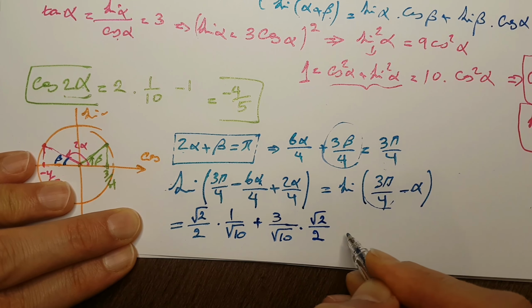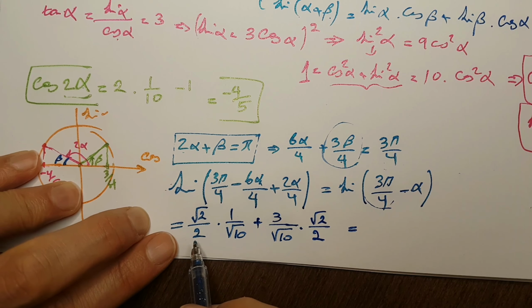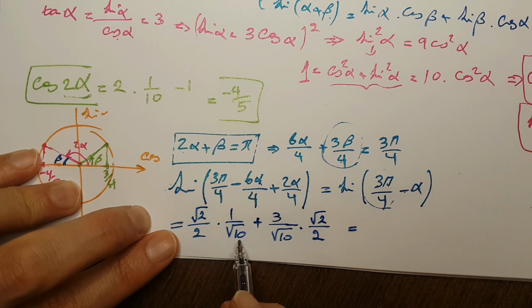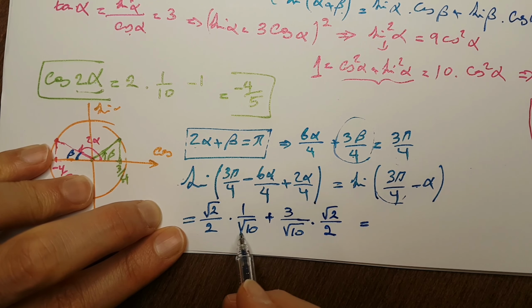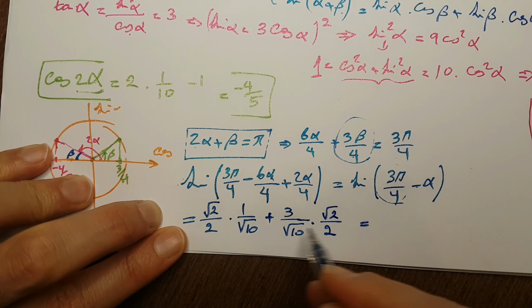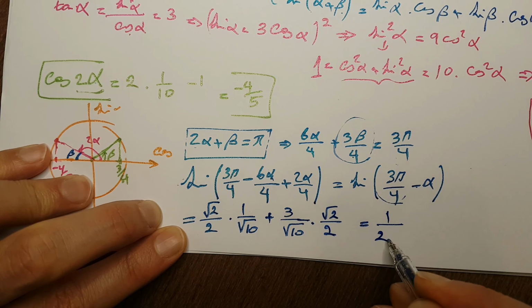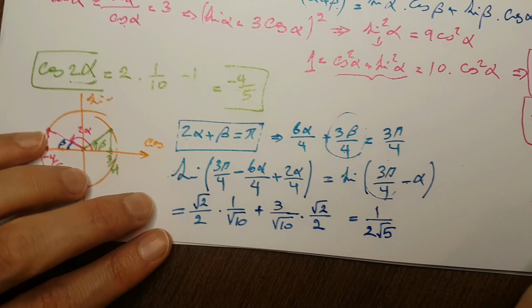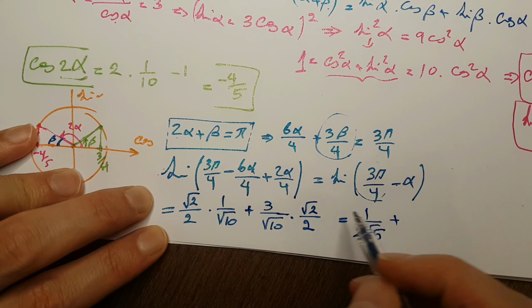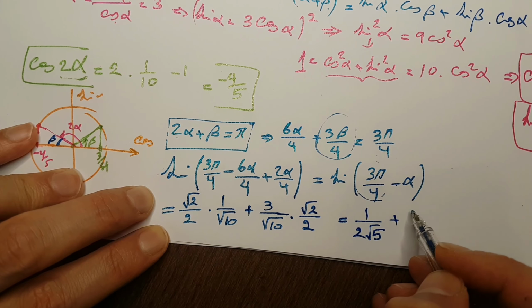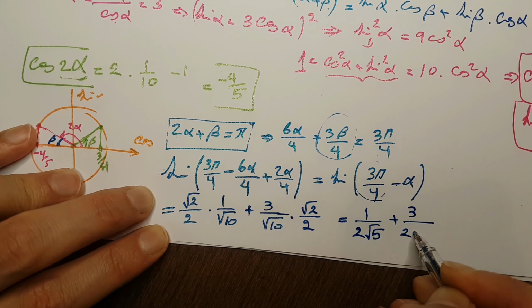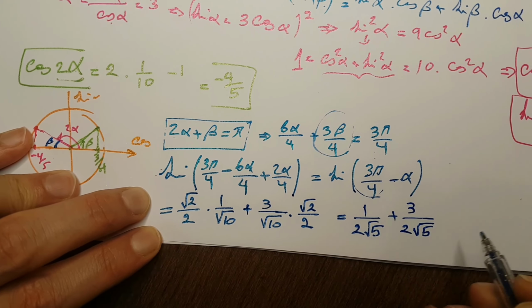So it's going to be a minus times a minus, which is positive, square root of 2 over 2. Square root of 10 has a square root of 2 in it. That can cancel out with this. So it's going to be 1 over 2 square root of 5. Plus, the same thing happens here. So we have 2 over square root of 5.